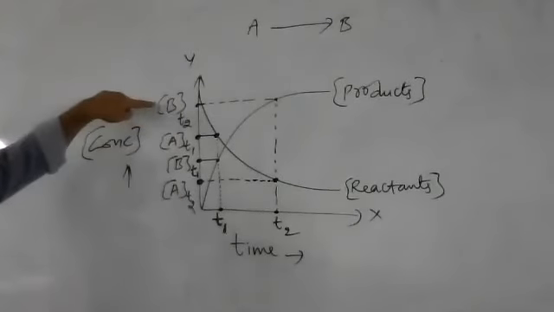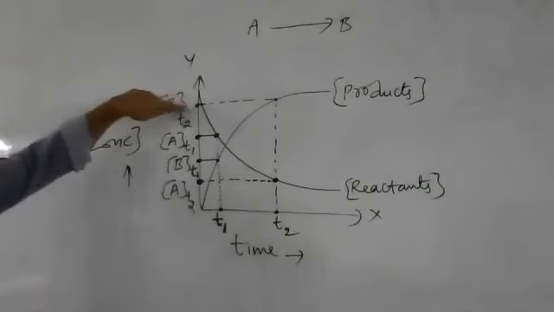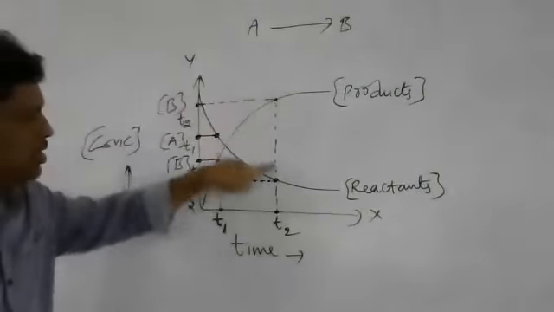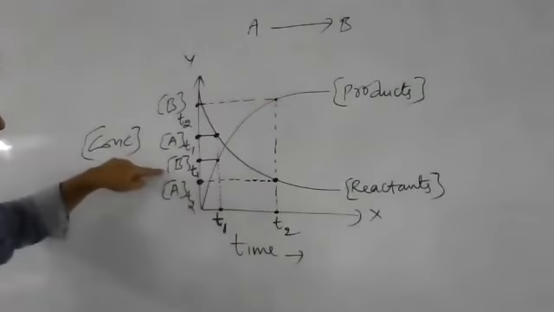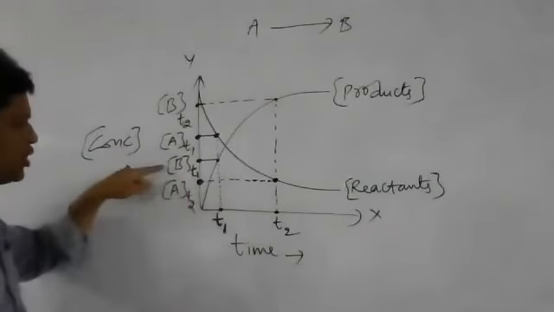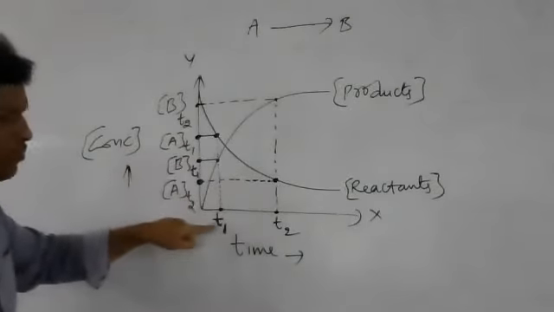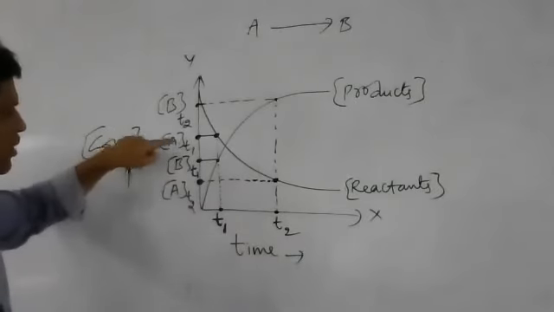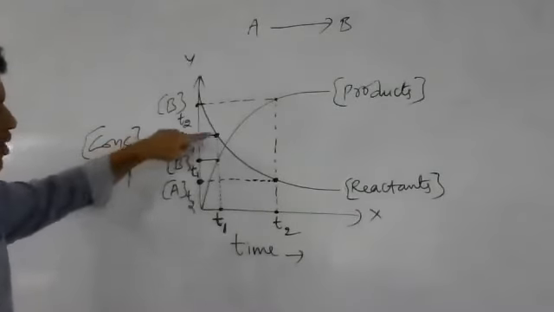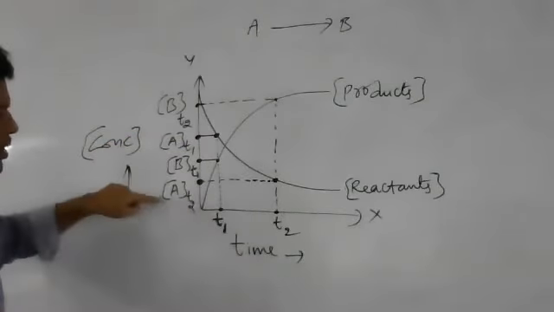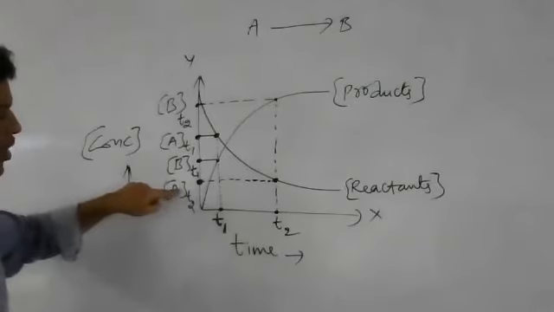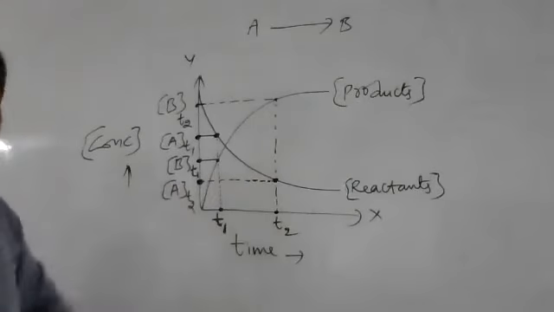Tell me what is here? Concentration of B at T2 time. And this here? Concentration of B at T1 time. And this here? Concentration of A at T1 time. And this here? Concentration of A at T2 time.